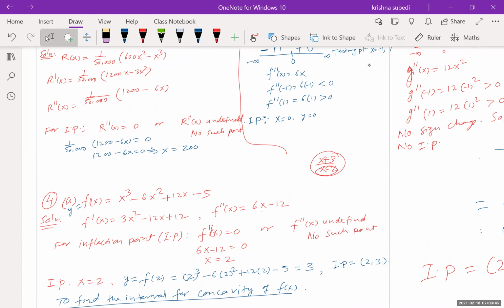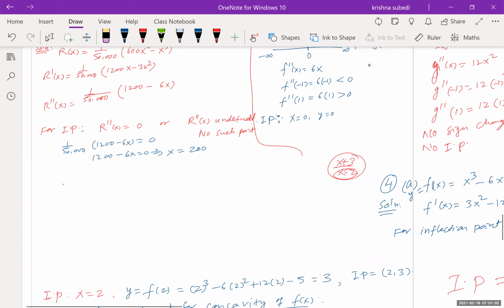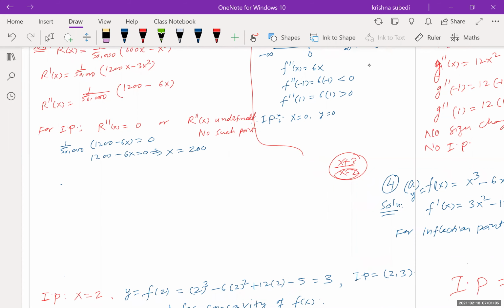Now, in order to check whether this is an inflection point or not, you need to check the intervals, left side and right side, whether it is positive or negative, okay? So check. When x is 200, you draw a number line, negative infinity to infinity.